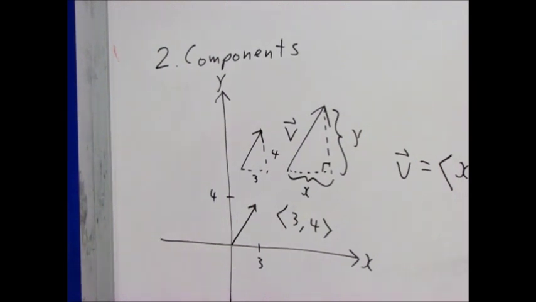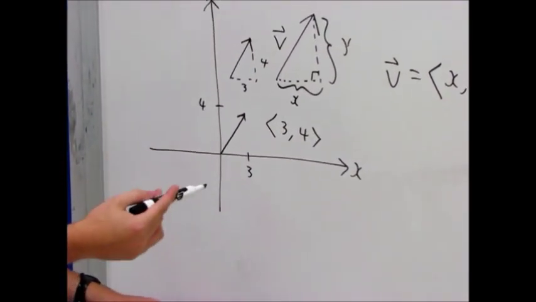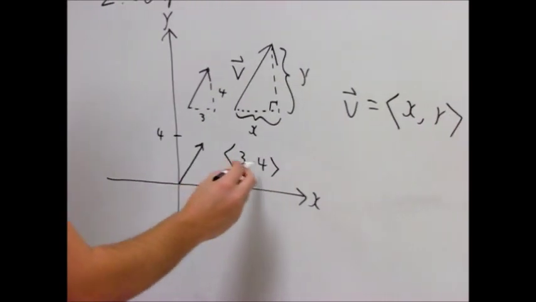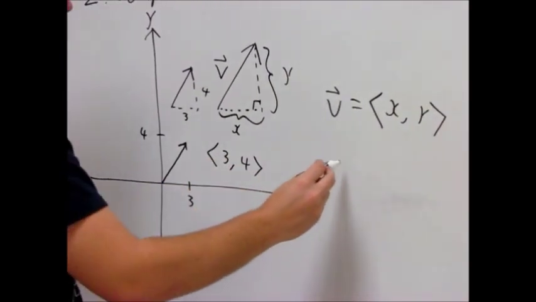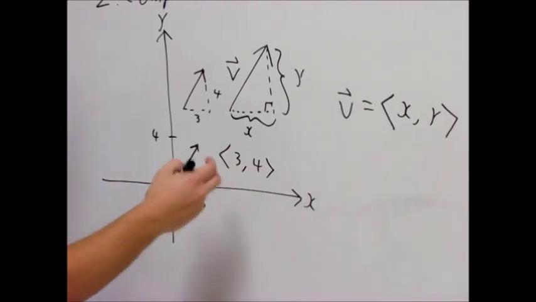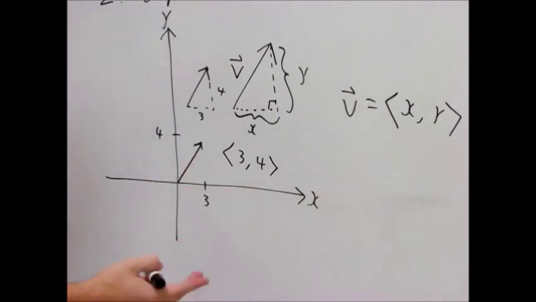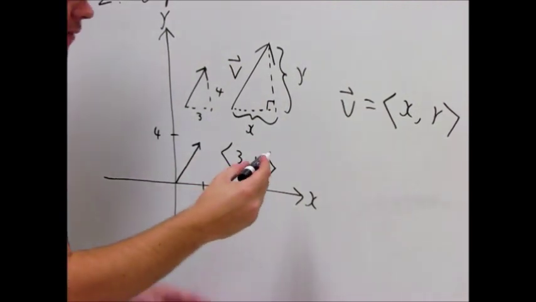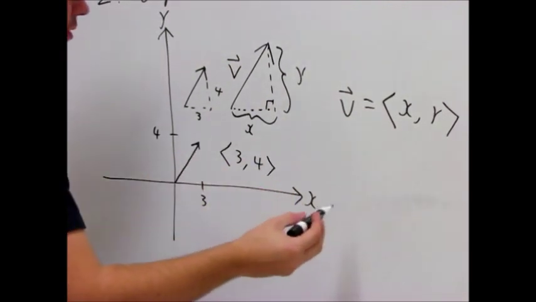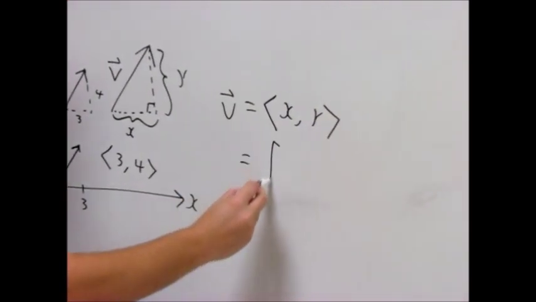This also allows us to talk about vectors in a slightly different way. For example, this 3, 4 can also be written, because it only needs the components of x and y, or x, y, and z if you want to do 3-dimensional, as a single row of numbers or as a matrix with one dimension.